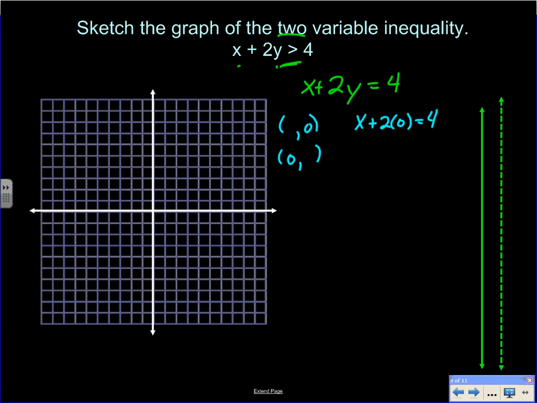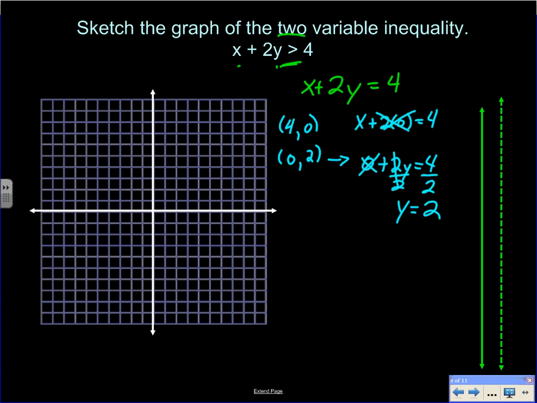From now on, I won't be writing this part in there. I'll just go ahead and say it and leave it blank. So x is equal to 4 when y is equal to 0. The second part, x is equal to 0, so 2y must be equal to 4. Divide by 2, divide by 2. y is equal to 2.